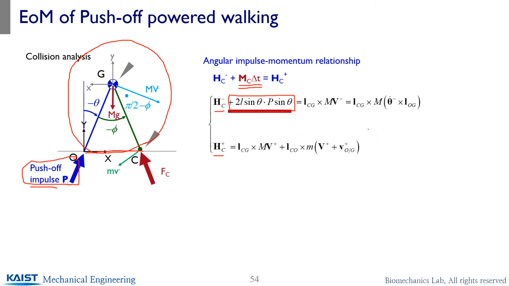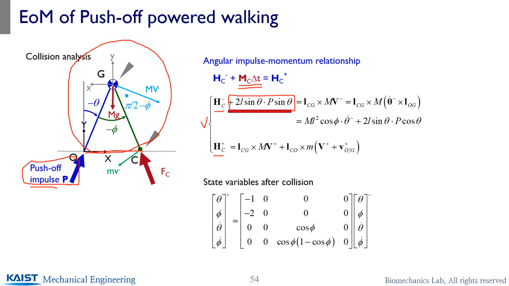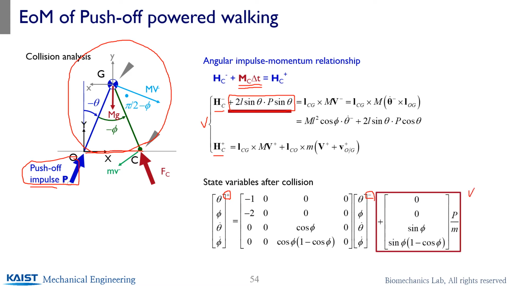If you further extend your formulation, you can make these two equations equal, so that you find a formulation pretty similar to the previous one, with your after-collision effect and the before-collision effect, and an additional term from the external angular impulse, which is formulated this way. You can use this formulation to simulate the push-up powered simplest walking.